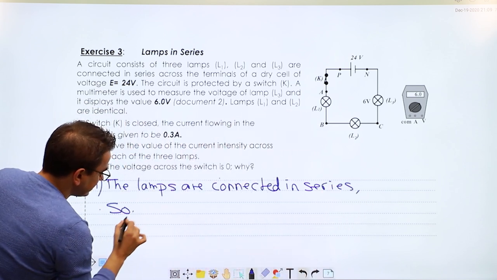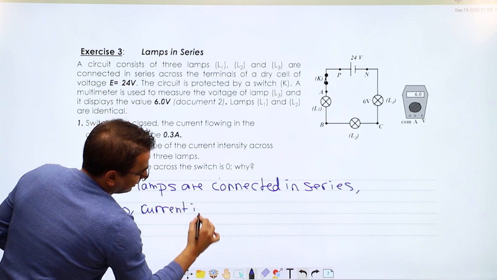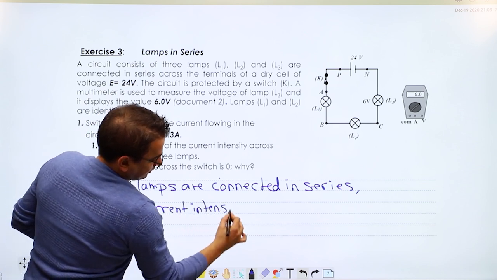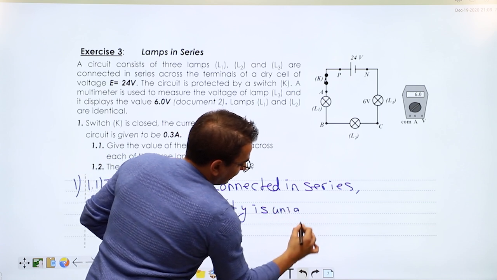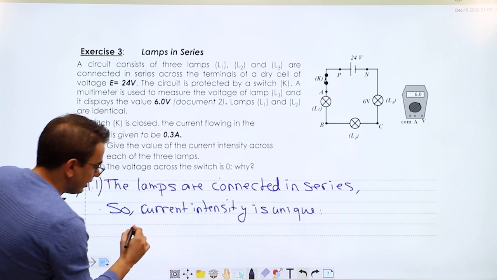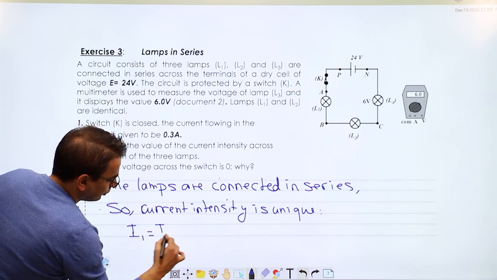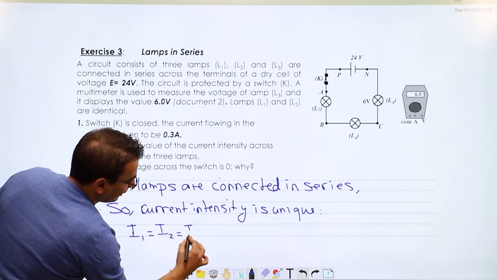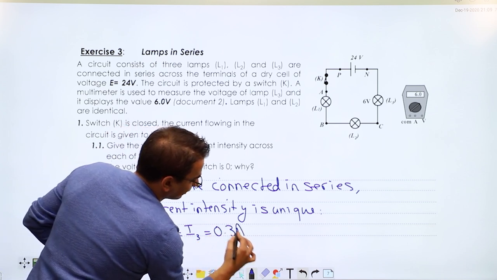So current intensity is unique. Okay? Meaning, I1 equals I2 equals I3 equals 0.3 ampere. That's it.